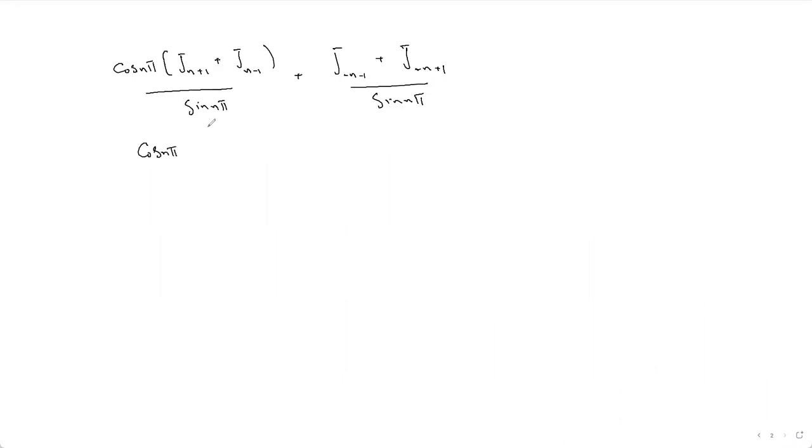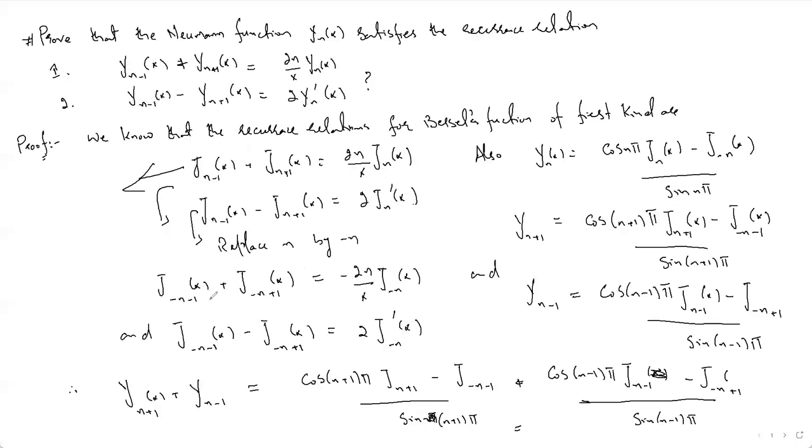Instead of this, I will write down this as 2n by x J n, right? Divided by sine of n pi. Okay. Plus now J minus n minus 1 minus n plus 1 divided by sine of n pi. I also have obtained all this, J minus n plus J minus n plus 1. This is minus 2n by x J minus n of x from this equation.